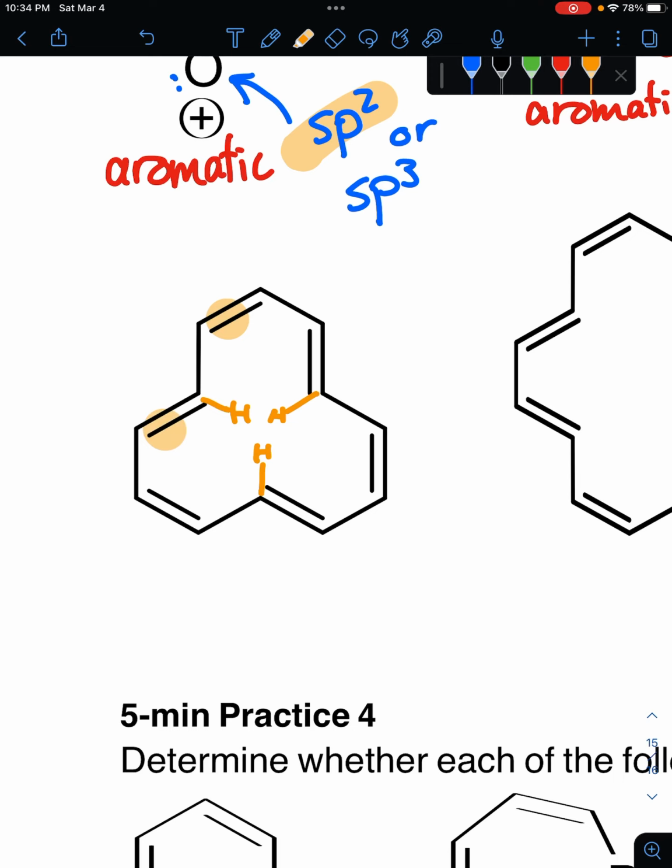So there is, let's see, 1, 2, 3, 4, 5, 6 pi bonds, which means what? There's 12 pi electrons. So, that is not 4n plus 2. It's not 2, 6, 10, 14, and so forth. It is, in fact, multiples of 4, right?